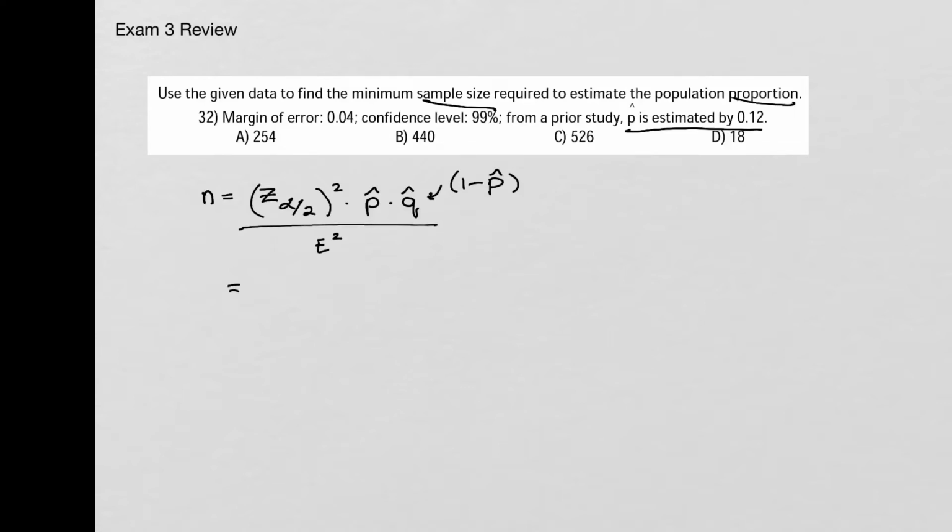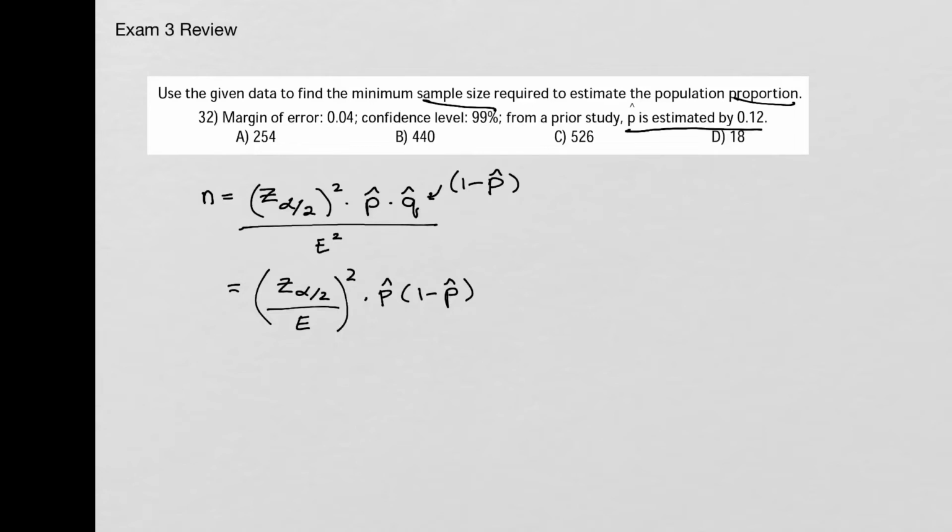So you may see the formula written as z sub alpha over 2 over the margin of error, all of this squared, times p hat times 1 minus p hat. So that way we group together the two terms that are squared, and we have 1 minus p hat written instead of q hat.